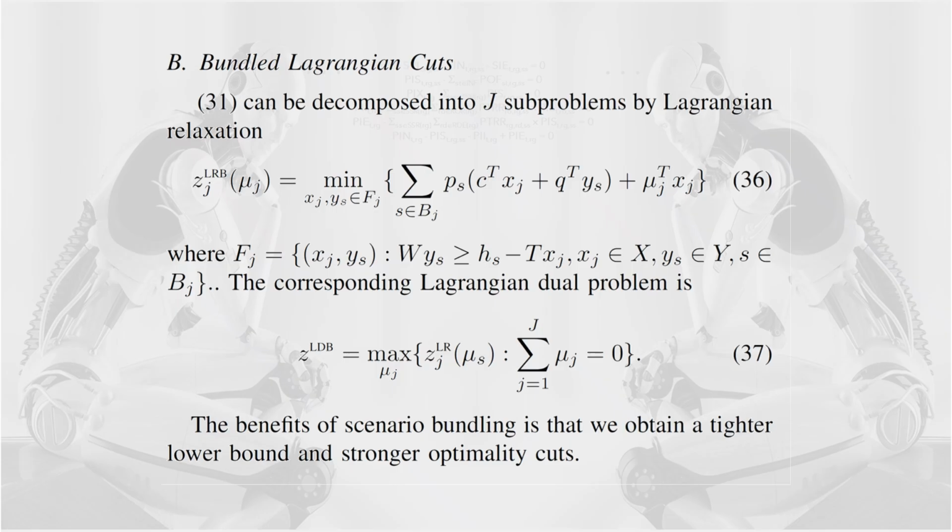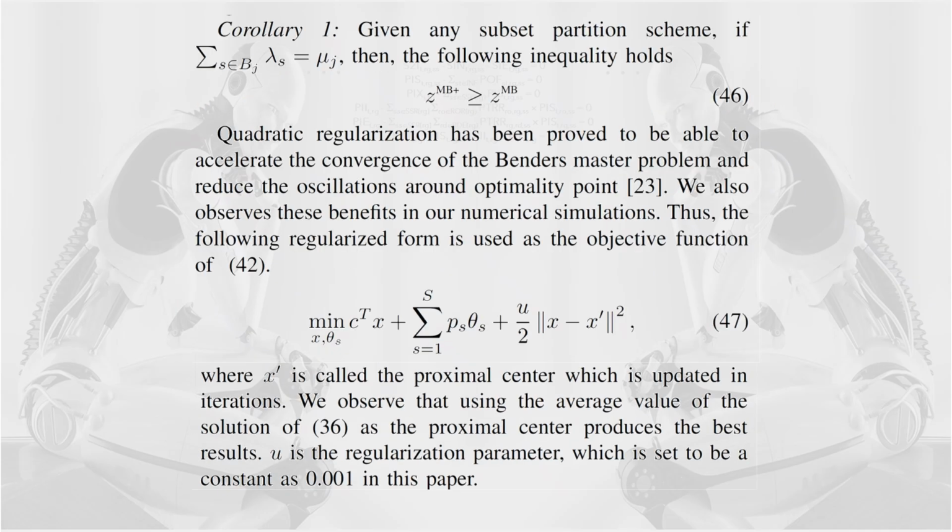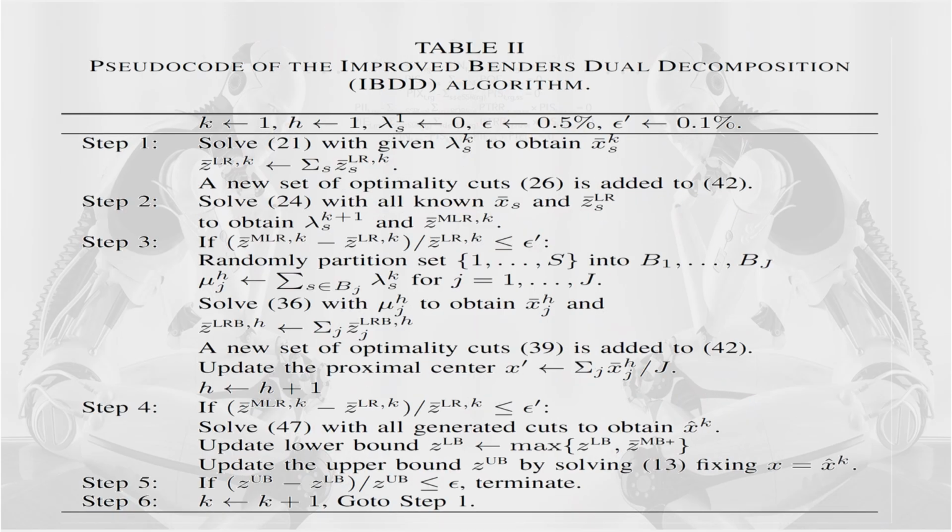IBDD has shown that the target value obtained is better than the BDD method and the dual decomposition method, because BLCs are more compact than the traditional Lagrangian cuts, significantly reducing the duality gap in mixed stochastic integer programming. IBDD includes quadratic regularization that has been shown to be able to accelerate the convergence of the Benders master problem and reduce oscillations around the optimal point. The pseudocode for the IBDD method is presented in Table 2.